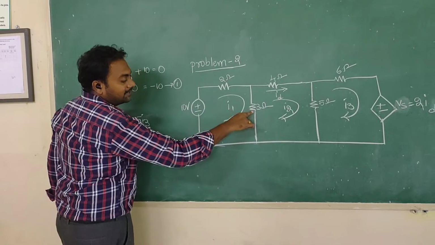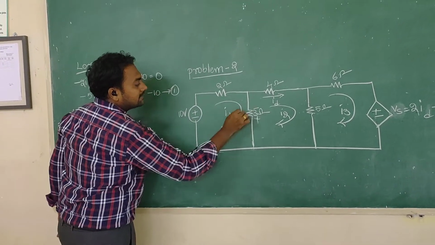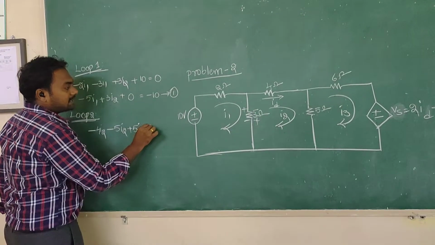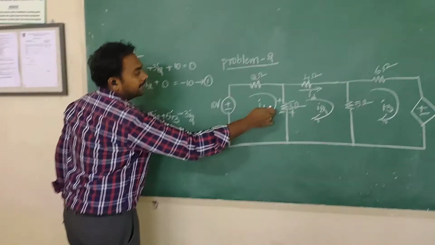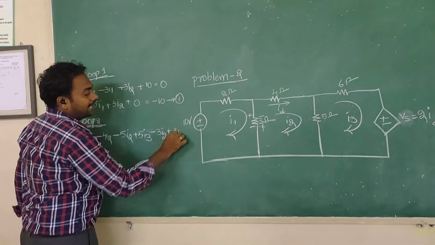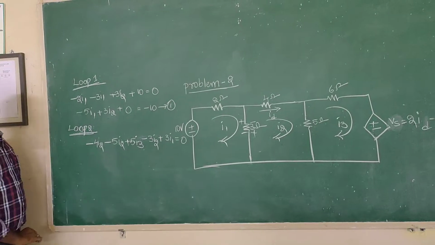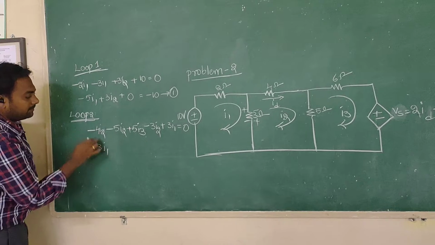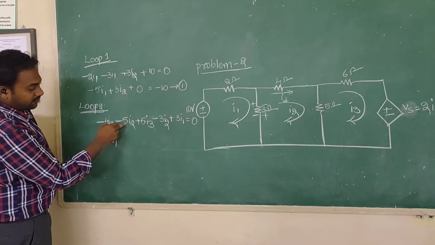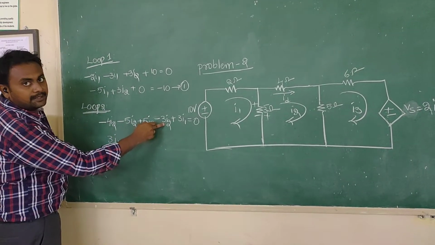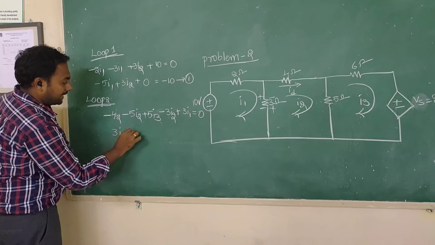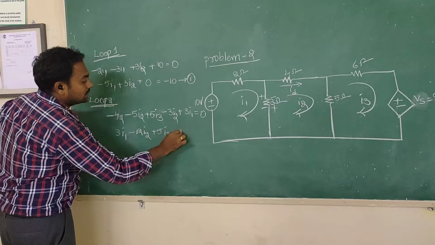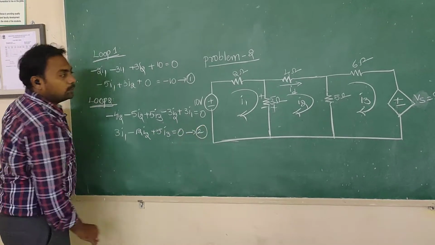In the 3 ohm resistor, for loop 2, positive to negative is negative 3I2, and negative to positive is plus 3I1, equal to 0. Rearranging: 3I1, and the I2 terms are 4 plus 5 is 9, 9 plus 3 is 12, so minus 12I2 plus 5I3 is equal to 0. This is my second loop equation.